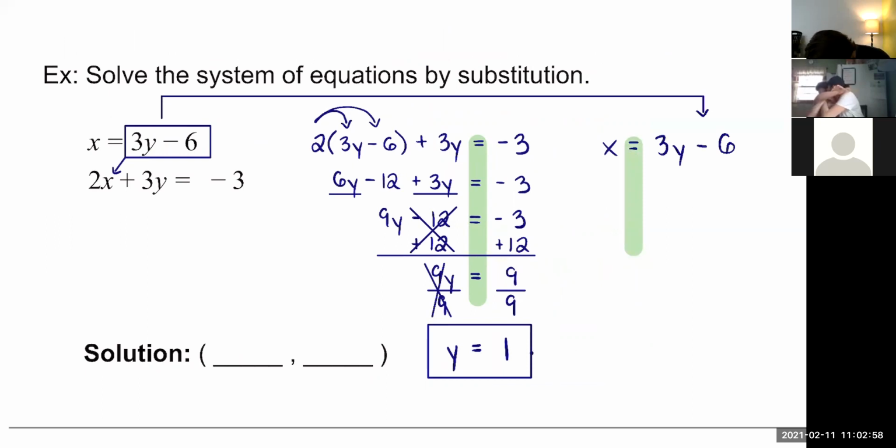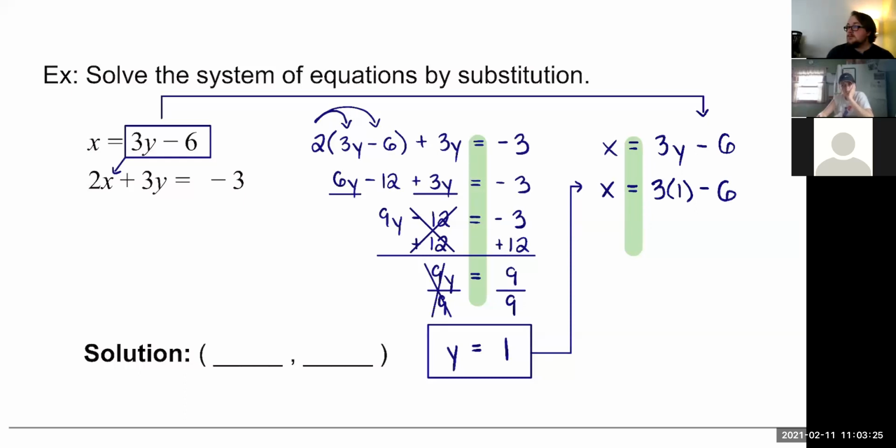But now, some new information we've been given is that y, or at least the y that we're looking for, is 1. So I can take that top equation, rewrite it, but when I get to the y, what am I going to put in its place? A 1. Well, the x is already by itself.